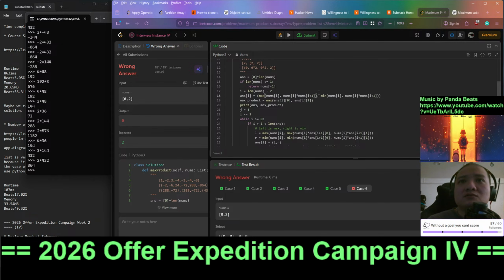So this also has to take into account the fact that, yeah, this should be nums of I plus 1. So we have to do another max.